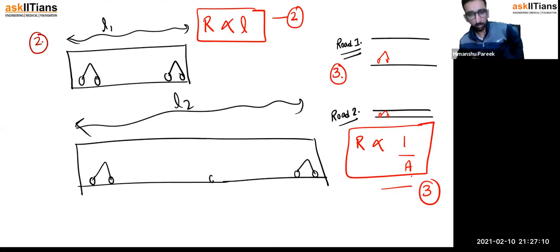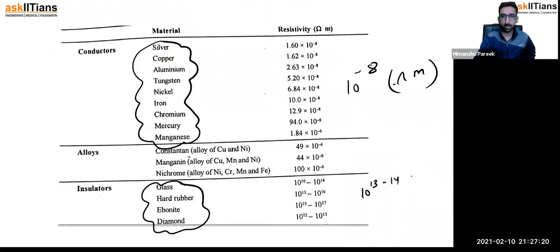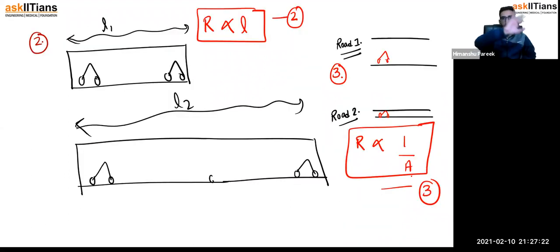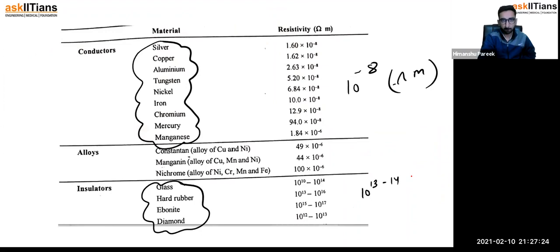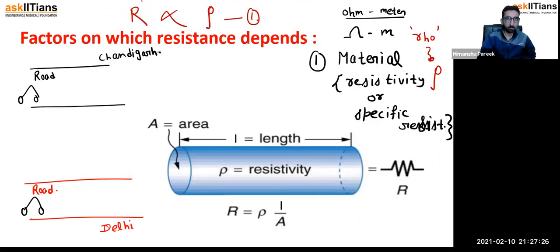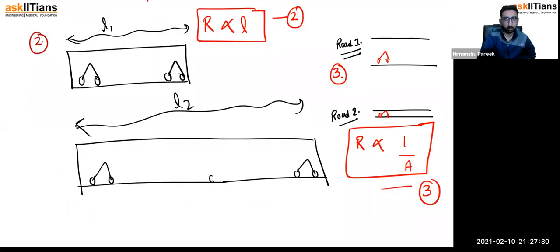Now we have developed these three features, the length, area, resistivity, and everything we have understood now. So if I combine all these three factors: resistance depends upon resistivity, factor number 1. Resistance depends upon the length also, factor number 2.